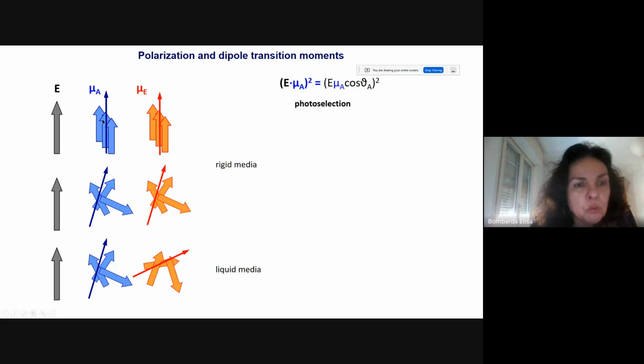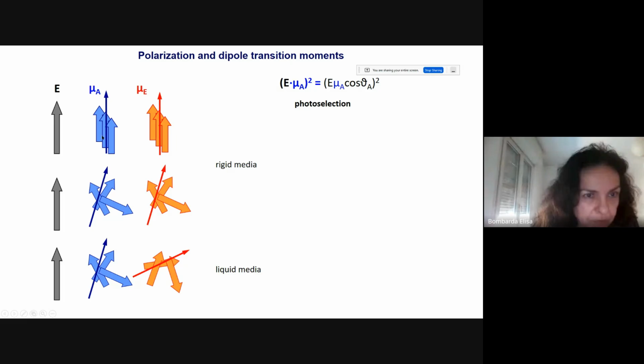And then the blue and orange are our molecules, so it's the material. And if we look at the very first system, let's start with blue.